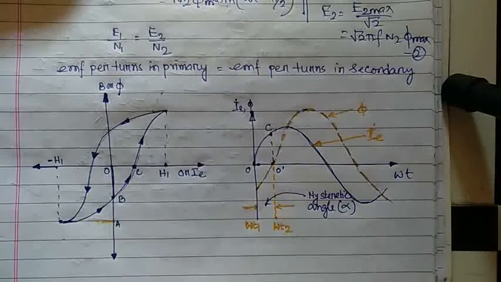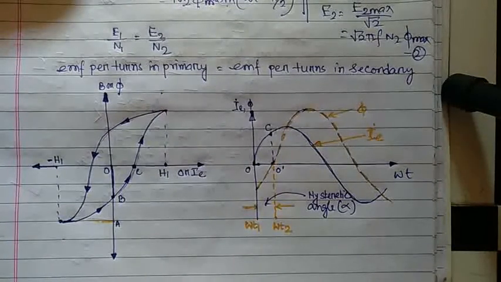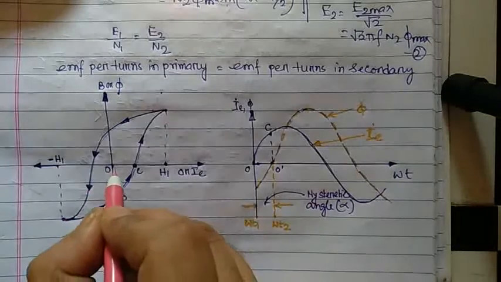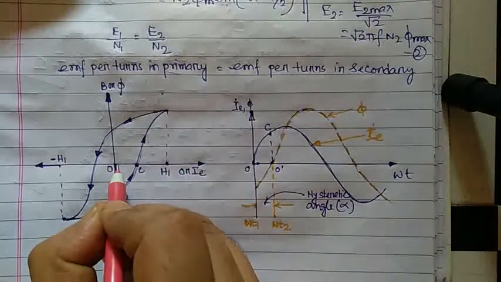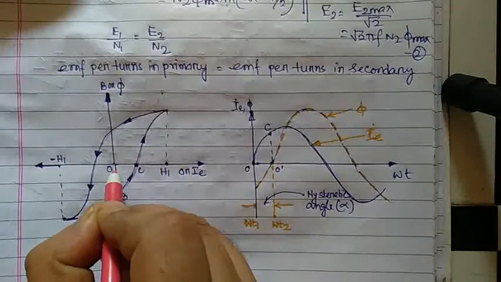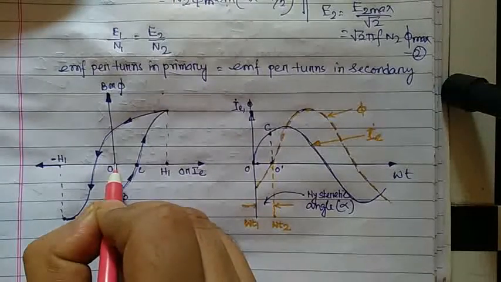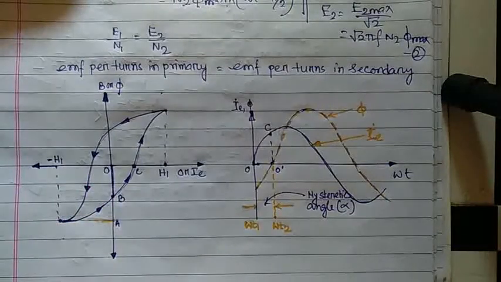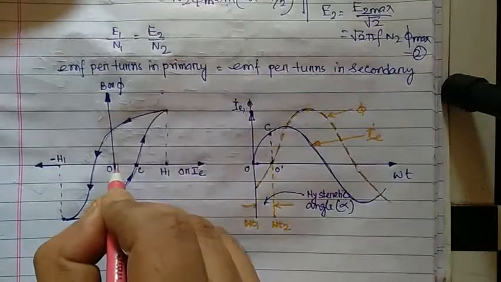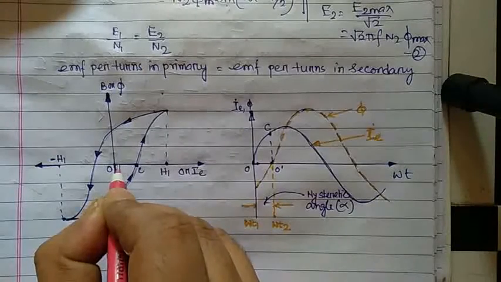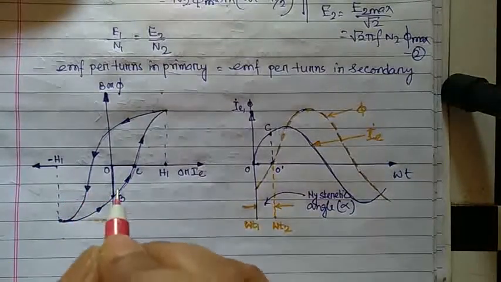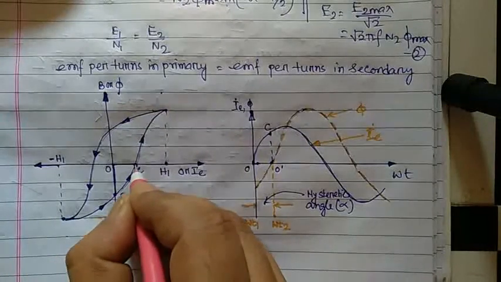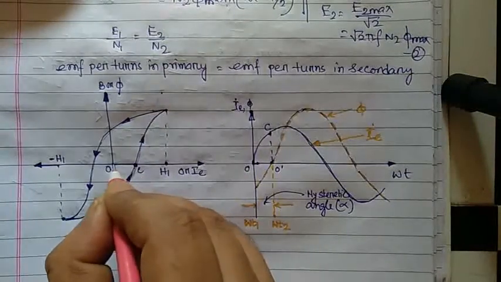Okay. Now when IE becomes positive and equals OC, the flux or flux density is reduced to 0.